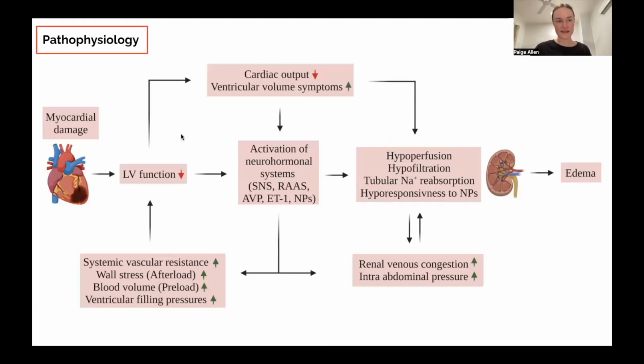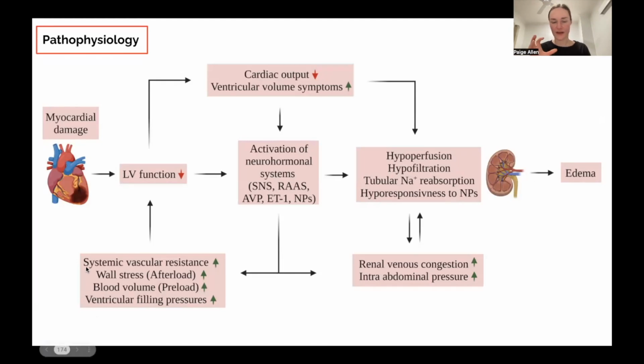All right, so in terms of the pathophys for heart failure, I think this can be kind of confusing, but we'll try our best. Usually it starts from having some sort of myocardial damage, like having an AMI in the past, or it starts from having some sort of problem with the resistance. So if you have high blood pressure chronically, the heart has to work very hard to pump against that high blood pressure.